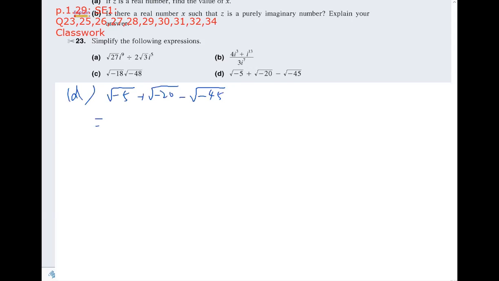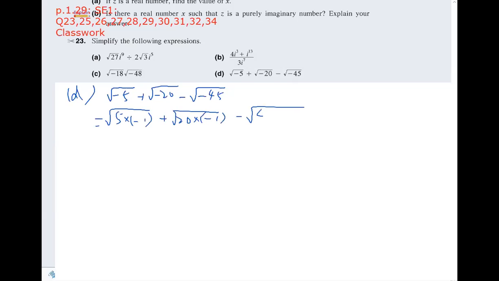This one, the first step should be like this, okay, to handle the square root of a negative number.